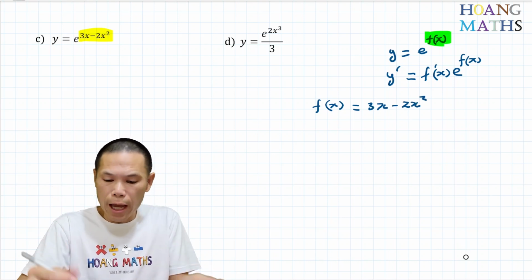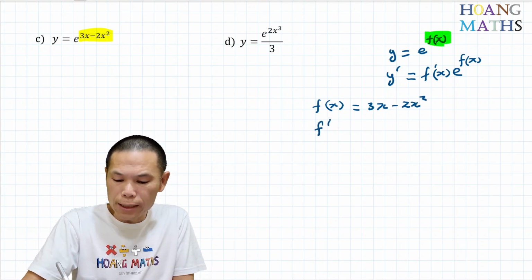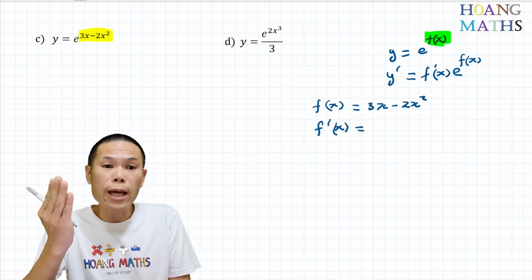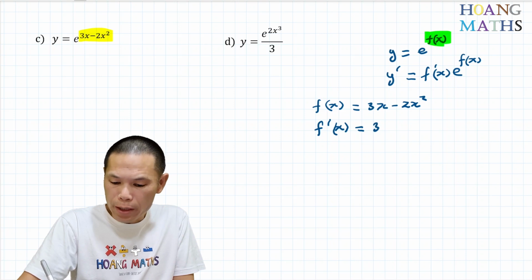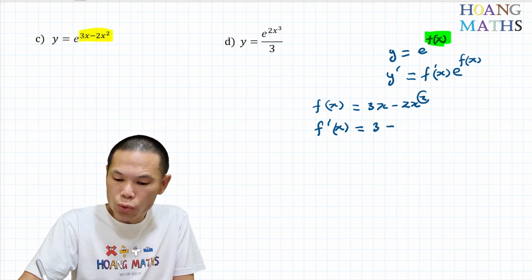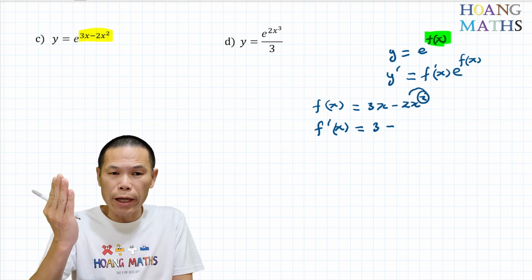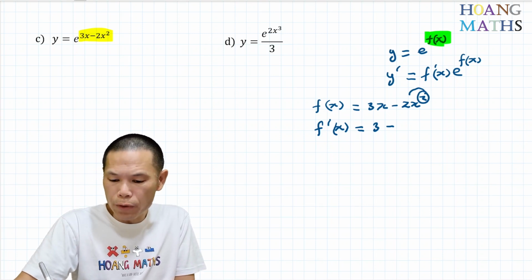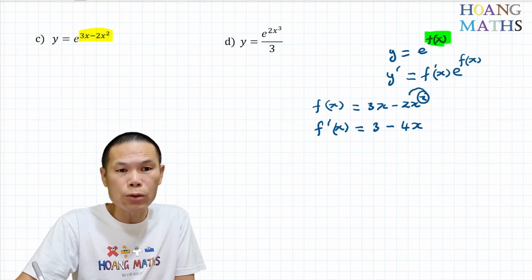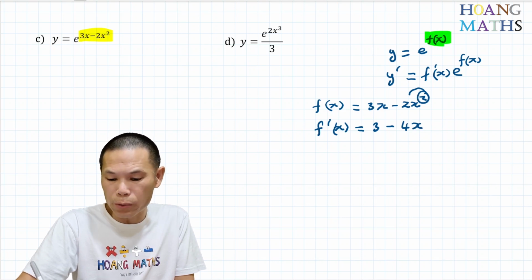We differentiate that to get f dash x. The 3x differentiates to give 3. Then we minus: the 2 comes down, so 2 times 2 is 4, that is negative 4, and x to the power 2 minus 1 is 1, which is x.